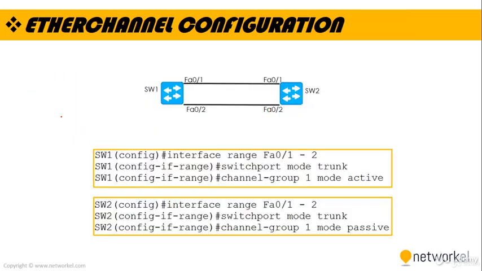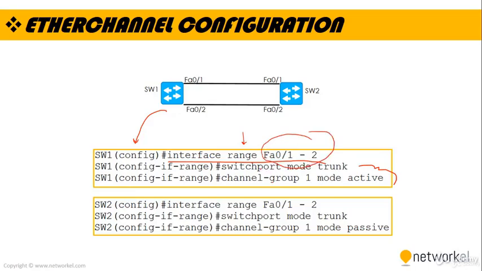The configuration is pretty straightforward. To establish an EtherChannel between 2 separate switches, let's take a look at switch 1's configuration first. I'm getting into the interface mode by typing interface range fast Ethernet 0/1 to 2, which means I'm going to apply these commands to both fast Ethernet 0/1 and 0/2.